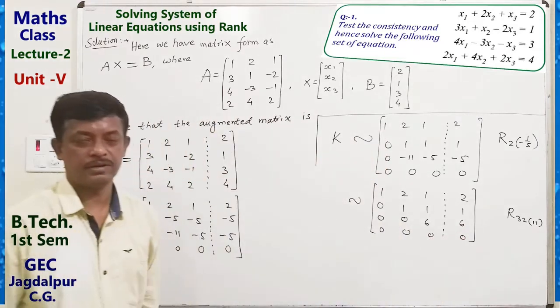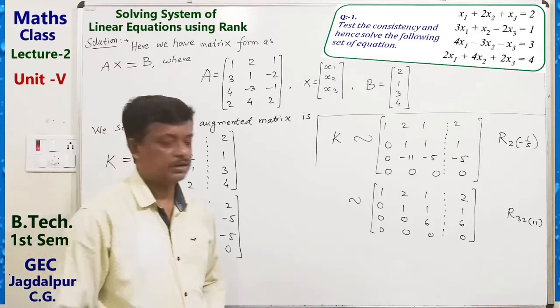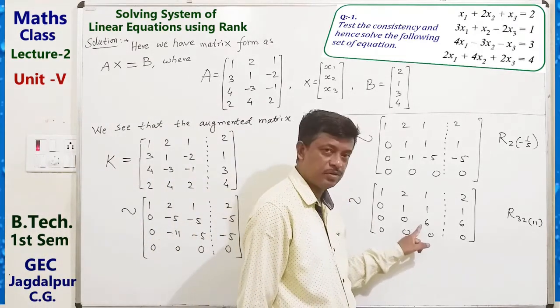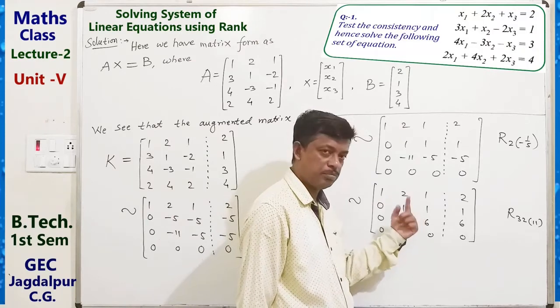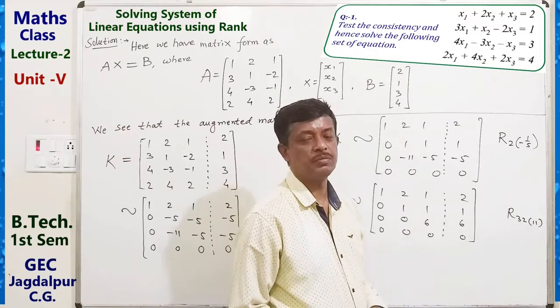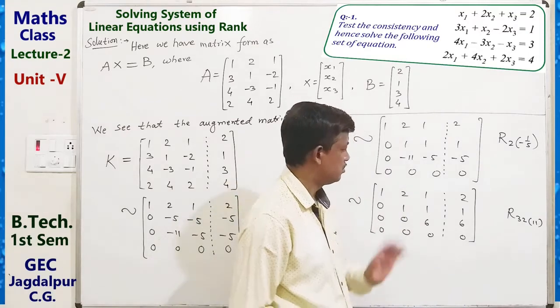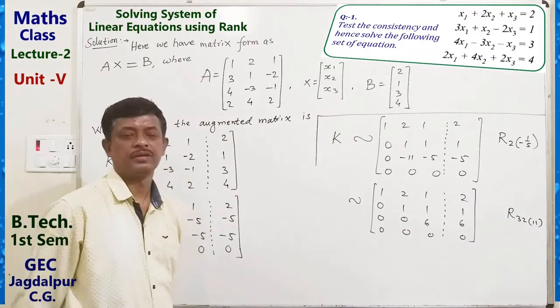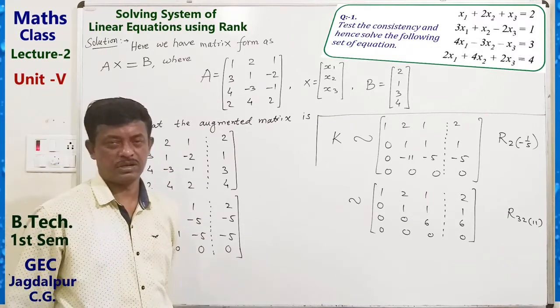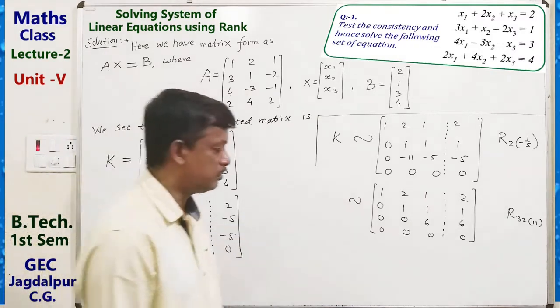This is the format. Now further it is impossible to make it 0, because if we make it 0 using this, then we will get some number other than 0. So this is the upper triangular matrix we can suppose, and from here we can find the rank of the matrix.